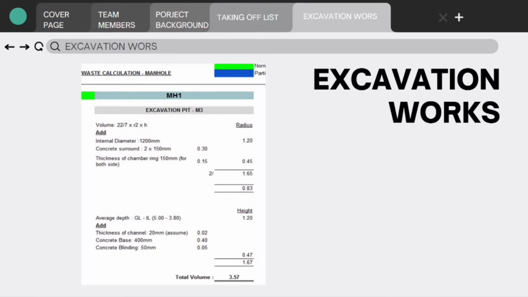To find the radius, we take the diameter given, which is 1200 mm from the drawing, add 2 times the concrete surround, which is 150 mm, and then the thickness of chambering 150 mm for both sides. Then the total will be divided by 2 to get the radius. The total radius for MH1 is 0.83.